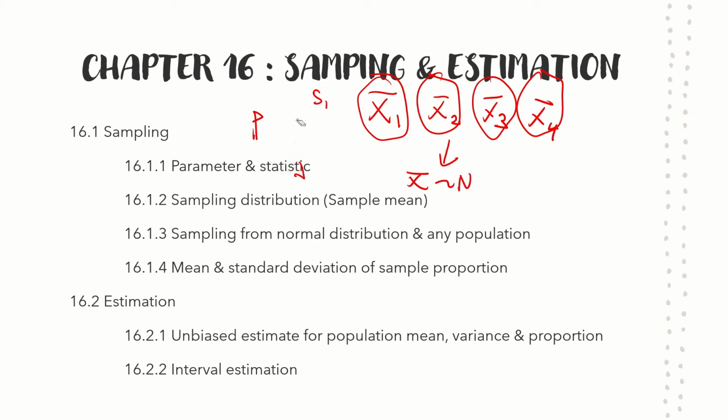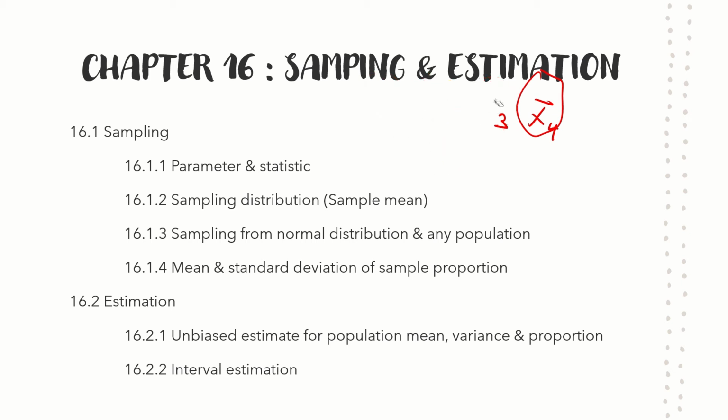This you will learn in this chapter. The focus is that you have to learn how to find the sampling distribution from the population, and how to find the sample mean, the mean of the sample mean, and the variance of the sample mean. Also, you have to know x bar and S squared.